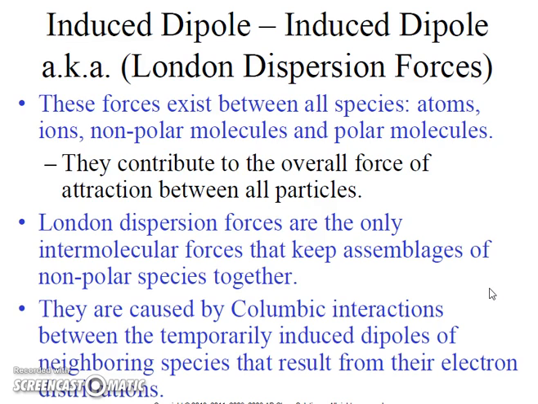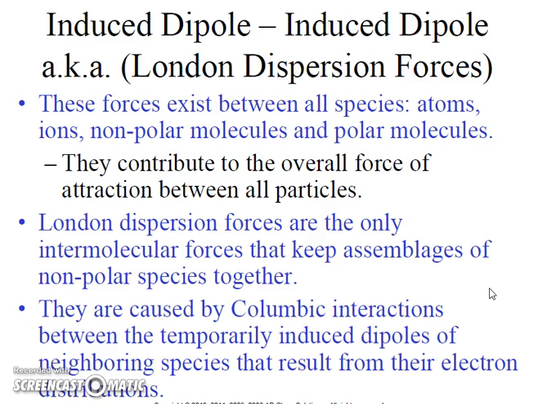Alright, so induced dipole, also known as London dispersion forces, or LDF. Temporary attractions, and all molecules have this. Remember that's the force that everything has.